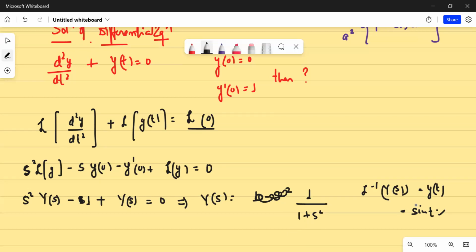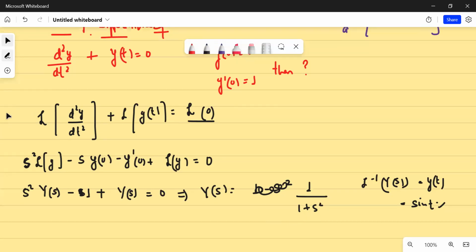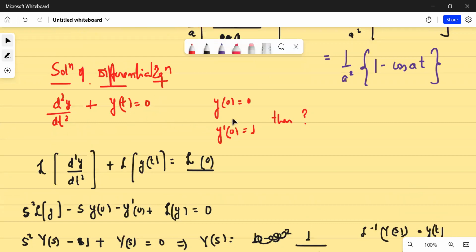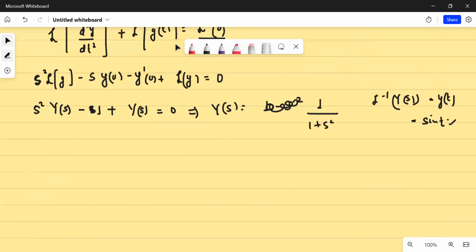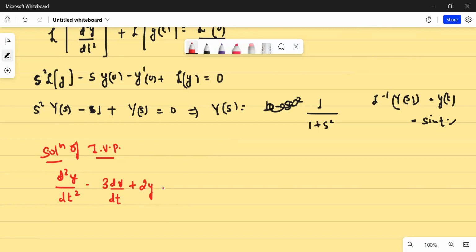Okay. Now, if you have a forcing term also, then also you can take a Laplace transform. That also you can do. So, for example, if I want you to find the solution of the initial value problem given by d2y upon dt square minus 3 dy by dt plus 2y is equal to what?